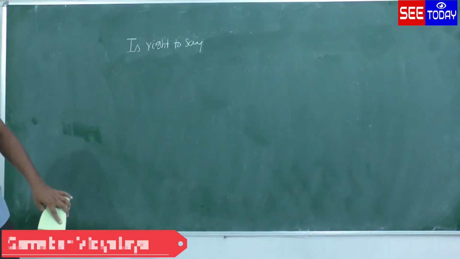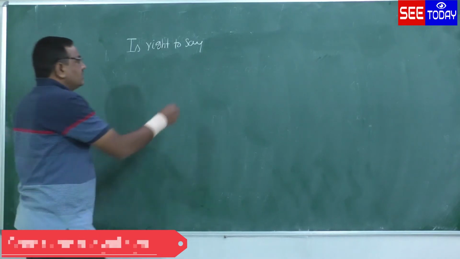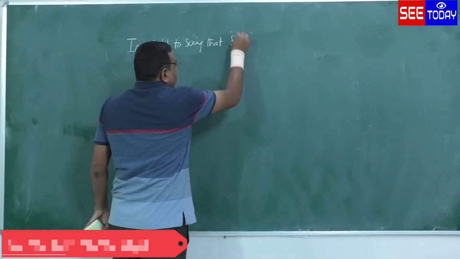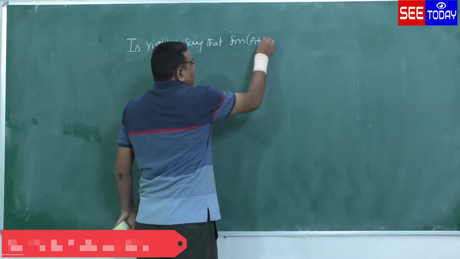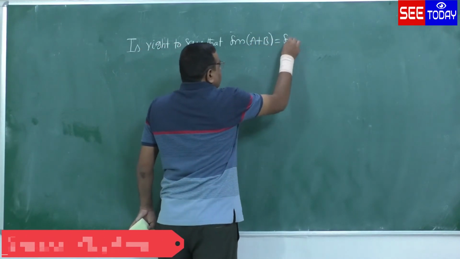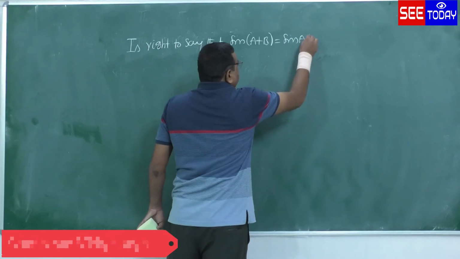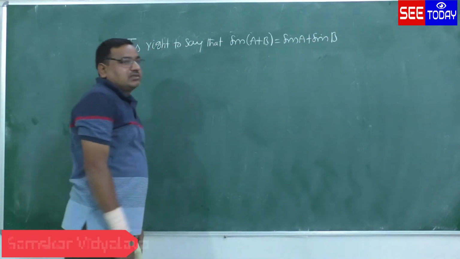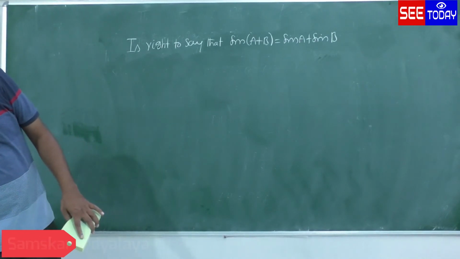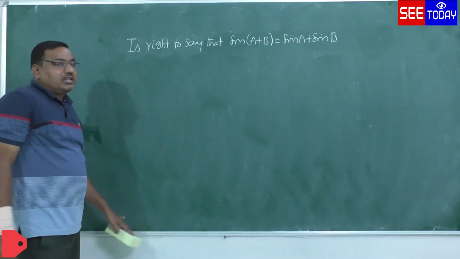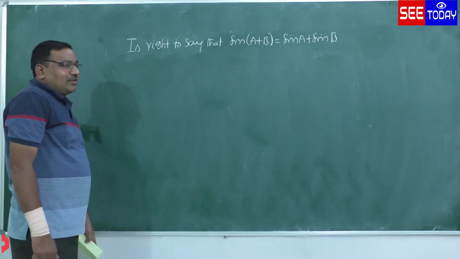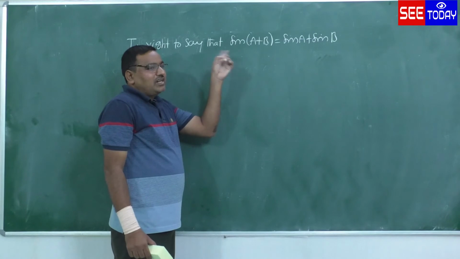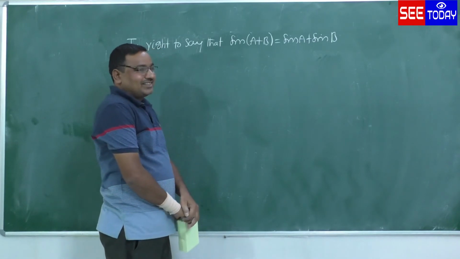Is it right to say that sin of A plus B is equal to sin A plus sin B? Justify your answer. Before going to solving this one, can you judge whether it is true or false?